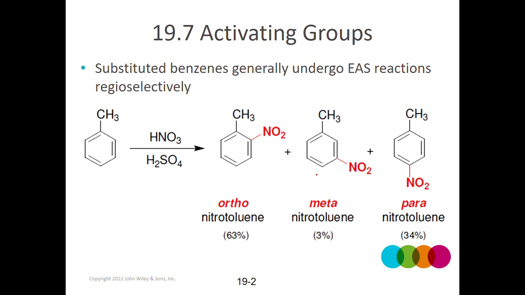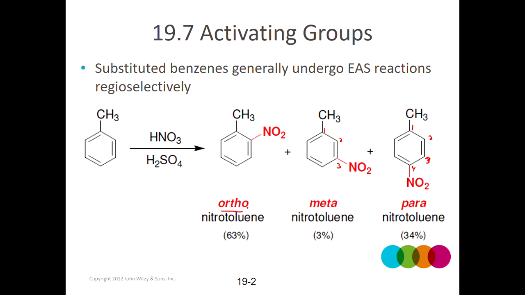So here are the 3 potential regiochemical results. When 2 groups are positioned on adjacent carbons on a ring, that's called ortho. When they are positioned 3 carbons away from one another, that's called meta. If they're positioned 4 carbons away, that's called para.